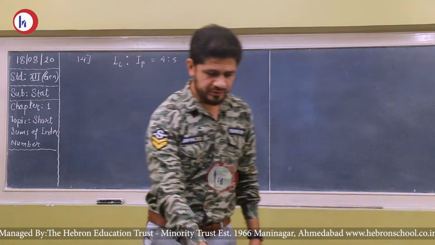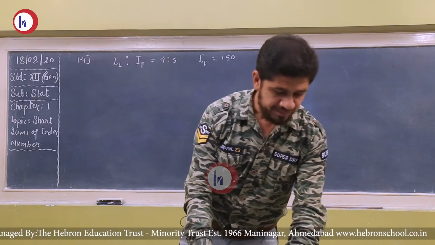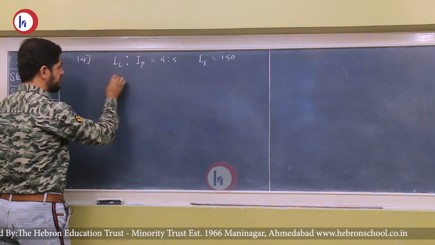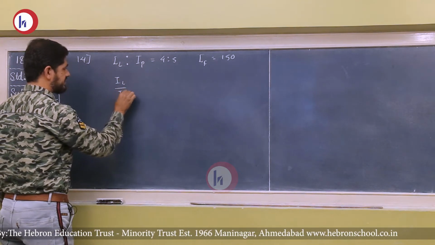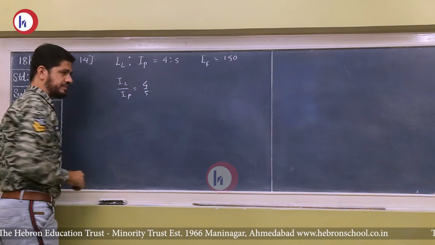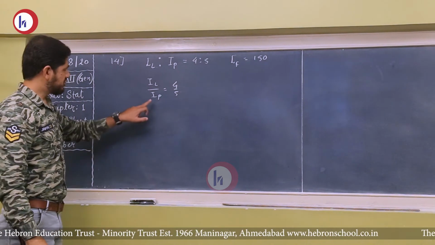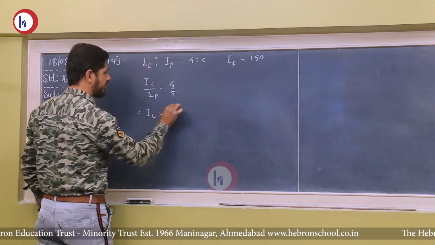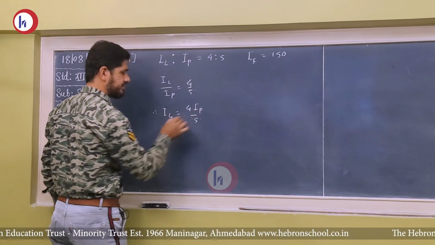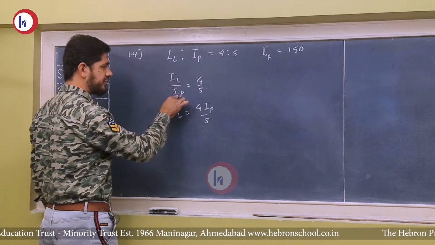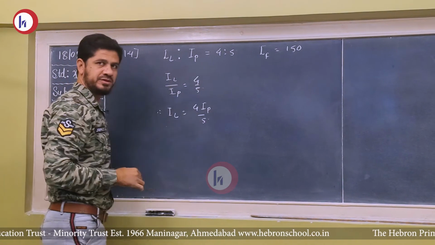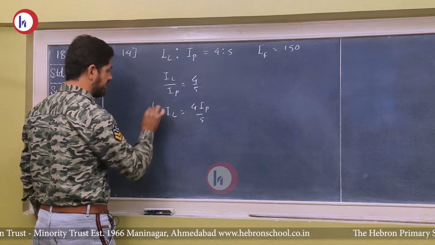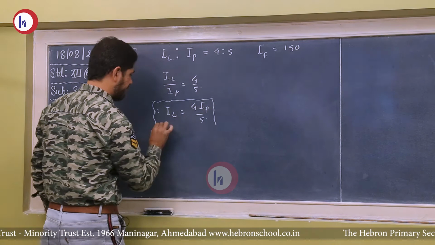Now to find the value of Paasche. Again, the relation can be written like this: IL upon IP is 4/5. Now change the side of IP, so it will be IL equal to 4IP/5. We change the side of IP, it is multiplied to the numerator. Now we have a symbolic value of IL.